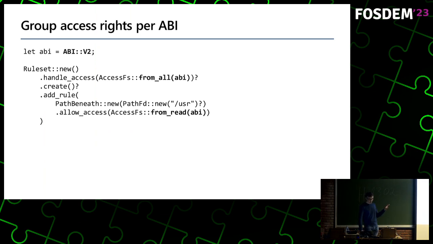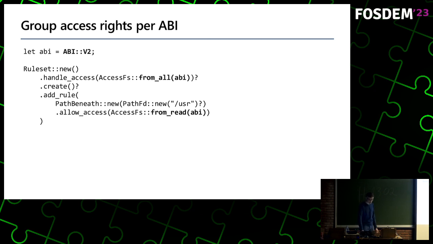A first improvement was to create group access rights. Let's say you know which Landlock version is supported by the running kernel, say the second version. Then you can create a new ruleset, which will get all the access rights supported by this specific kernel. You just call handle access with accessfs from all and then ABI2.